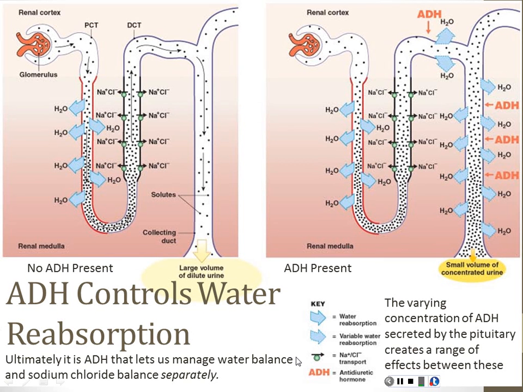So it may not seem like a big deal, but if we didn't have ADH, our diet would have to be totally different, and we'd have to think about it a lot more than we do. So it is convenient that we have this system that can either dump excess water or hold on to excess water according to our diet.